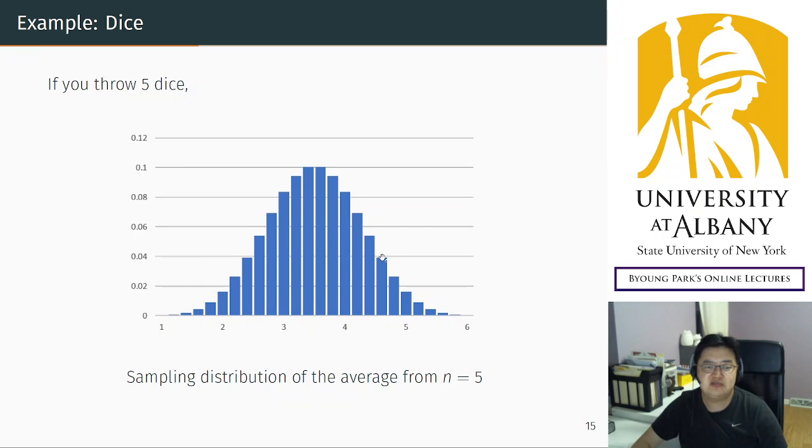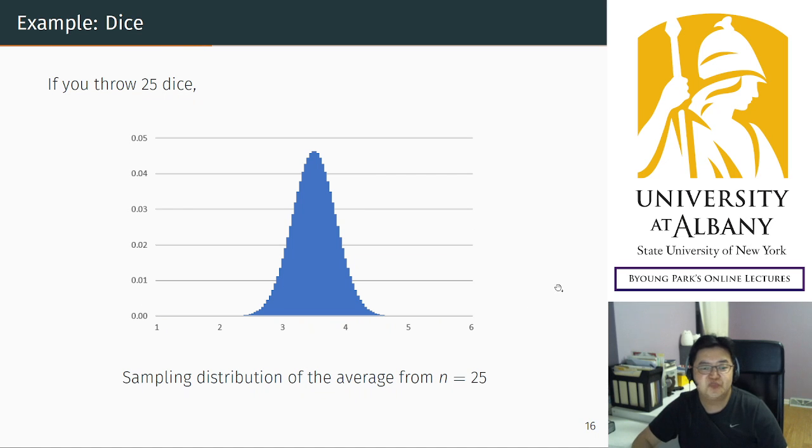The shape looks pretty familiar, and if you increase the number of dice to 25, then it's even smoother.